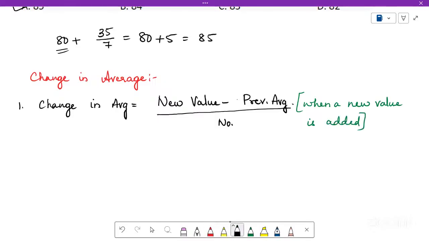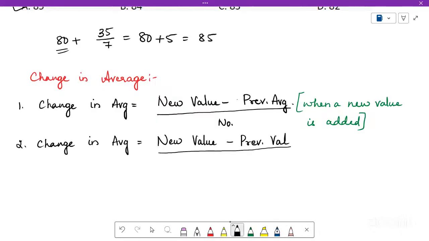There is another formula for change in average. Note down these things. Change in average is equal to new value minus previous value, divided by number of values.